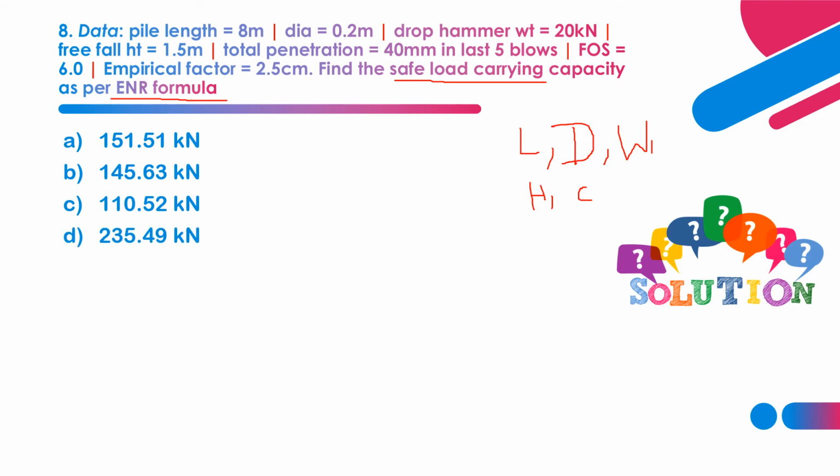Option D, 235.49 kilonewton. So what is the safe load carrying capacity as per the Engineering News Record formula? Pause this video and calculate using a calculator to get the answer. Keep an eye on the total penetration value.